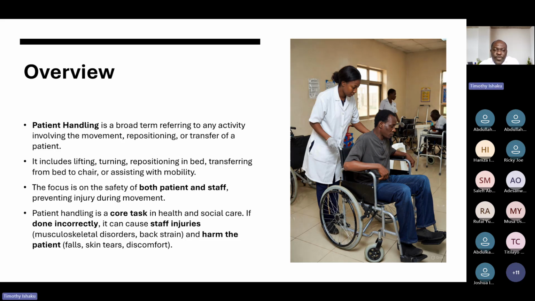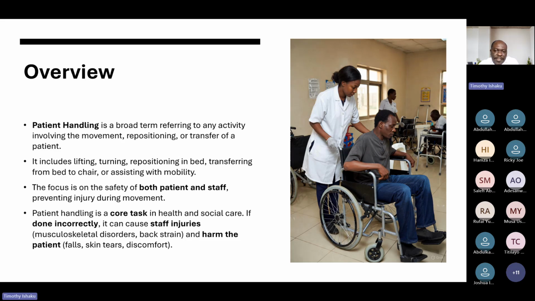Because if we do not do it correctly, it can cause injuries. Or I will say maybe there are people already, it's not even that it can cause injury, it has caused several injuries to us. And it has harmed our patients during our service delivery.